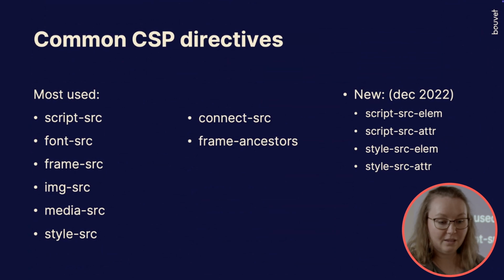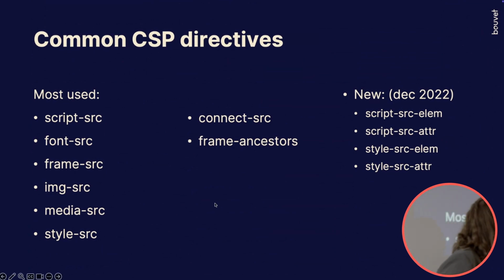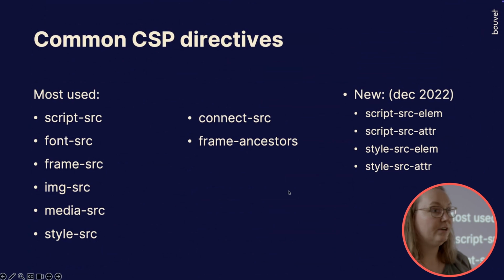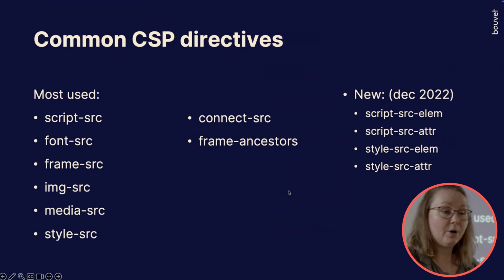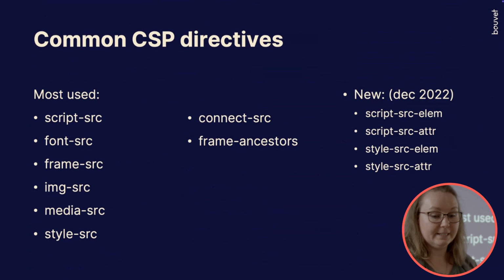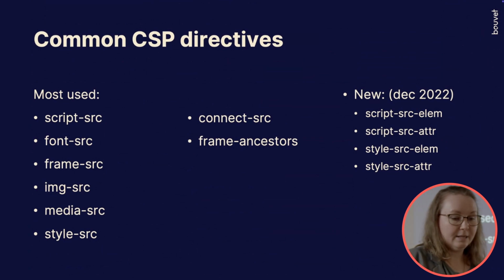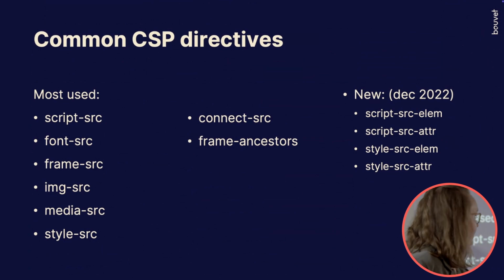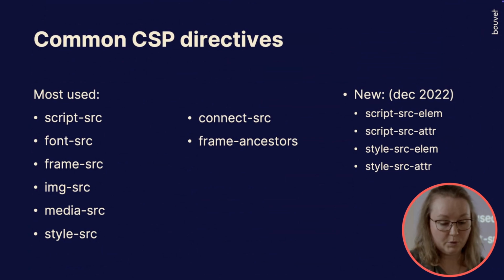And frame ancestors specifically is used together with another security header that we are going to look into later, and helps control how our page can be embedded. And there are also some of the new script source and style source specifications, but not all browsers support them. I think most modern browsers use them, but script source is the one we use the most.